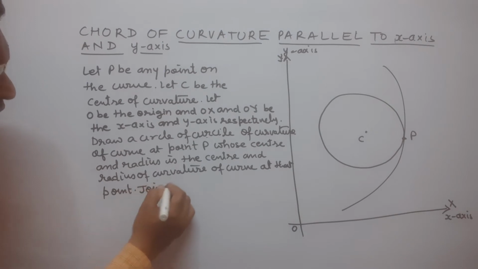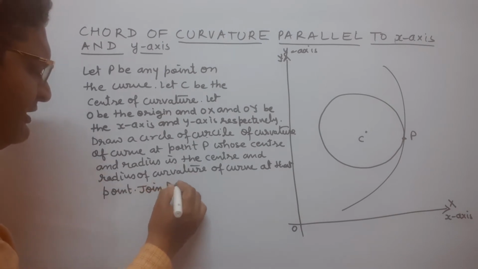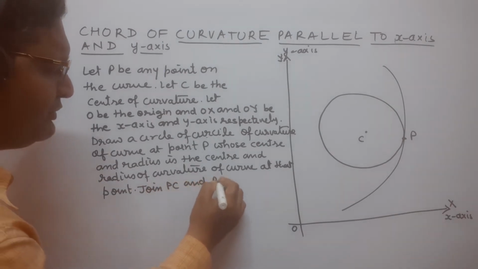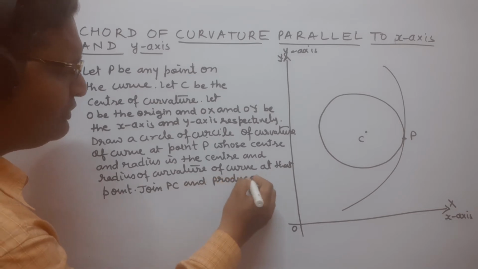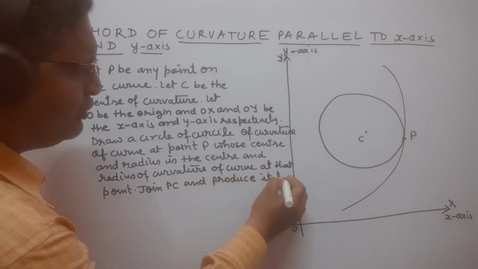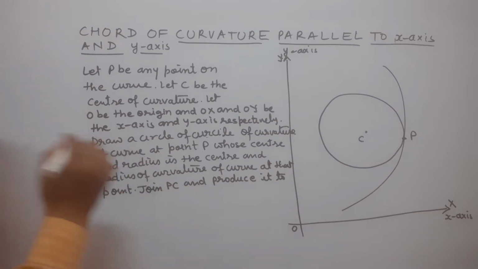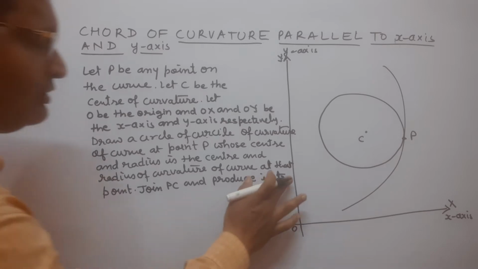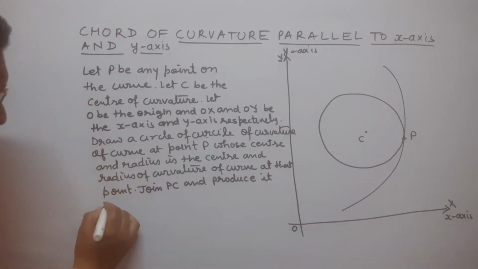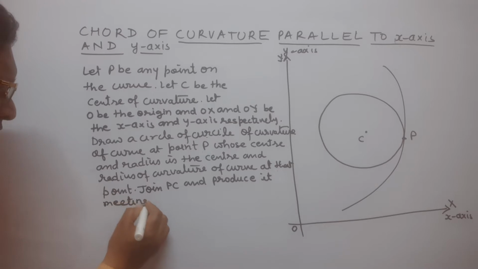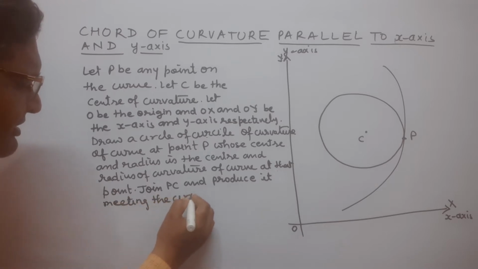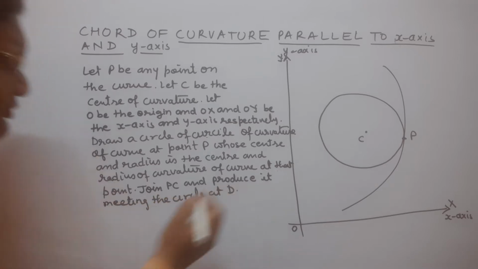join PC and produce it to D, meeting the circle at D point.